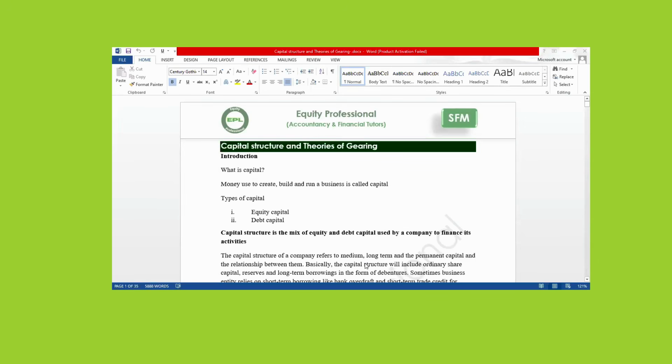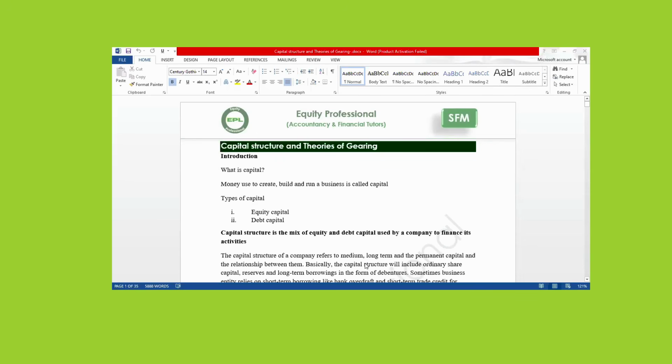That means the value of the company can reduce. This is the more reason why companies pay attention to the choice of capital structure. And that is why as finance managers, we must understand the concept of capital structure.